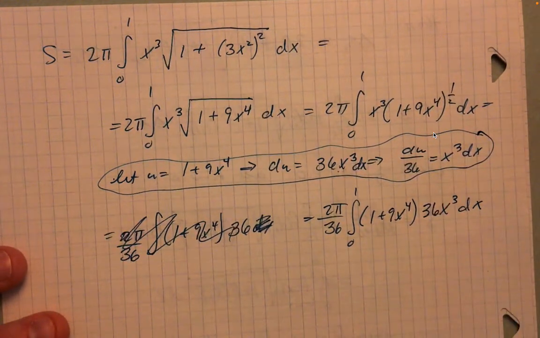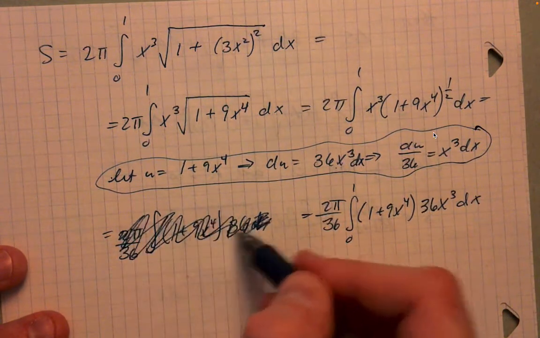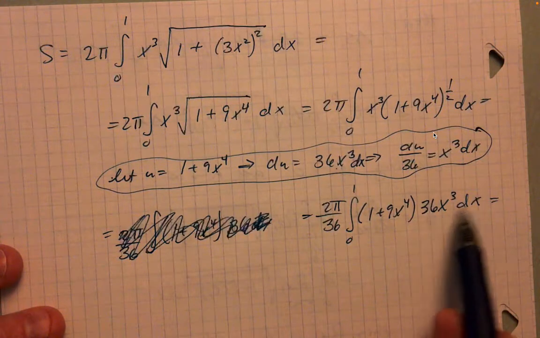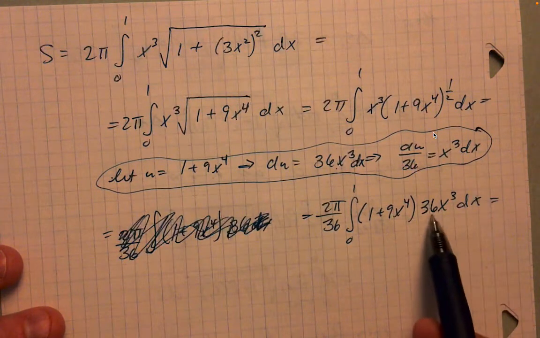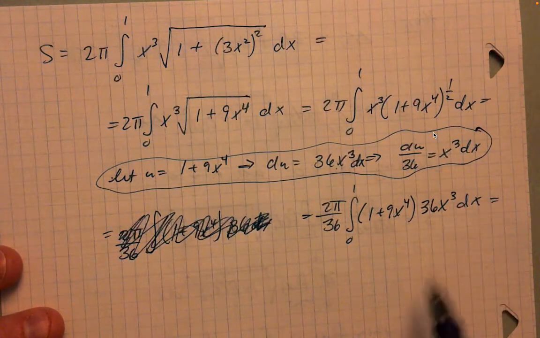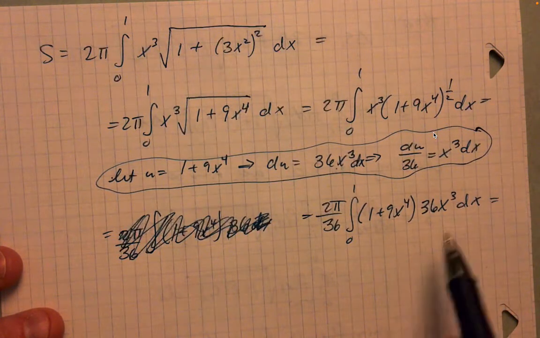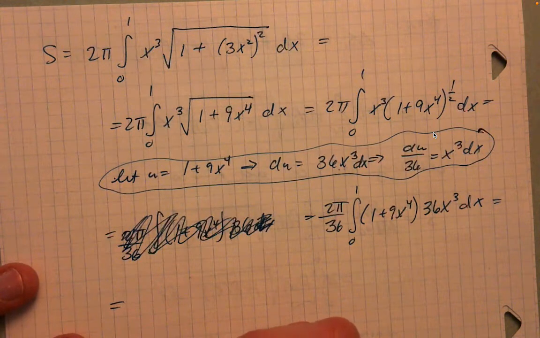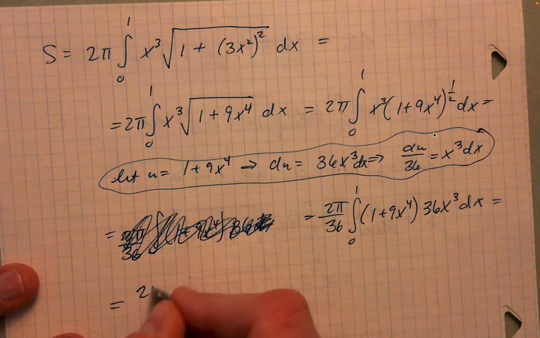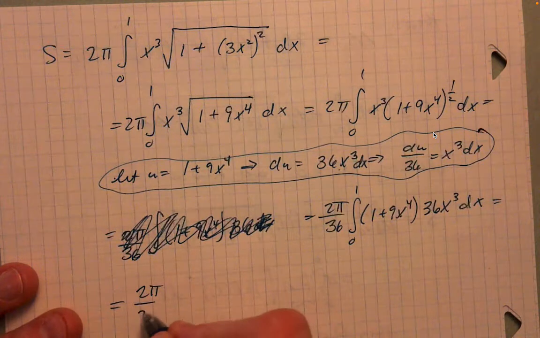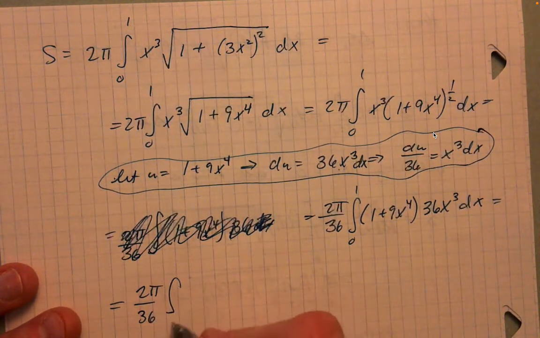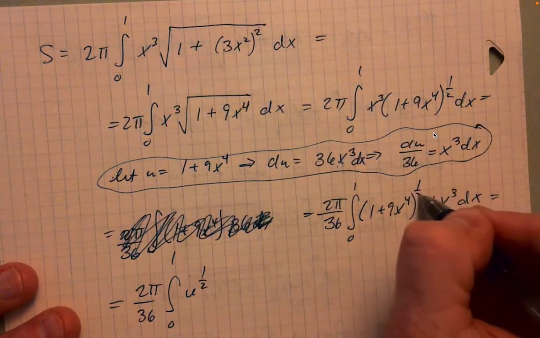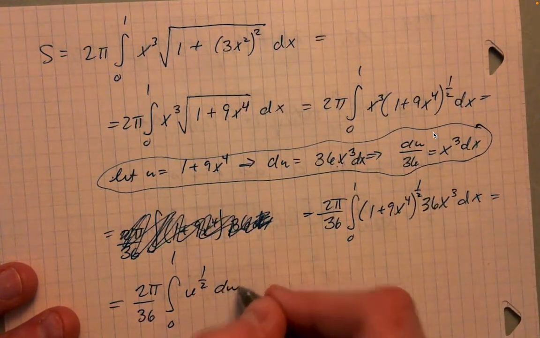Okay, like so. And so then this is our u, and this is our du. Perfect. So I get 2 pi over 36 times the integral from 0 to 1 of u to the 1/2 du. Perfect.